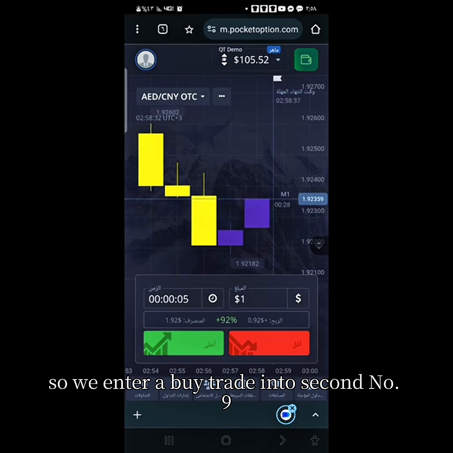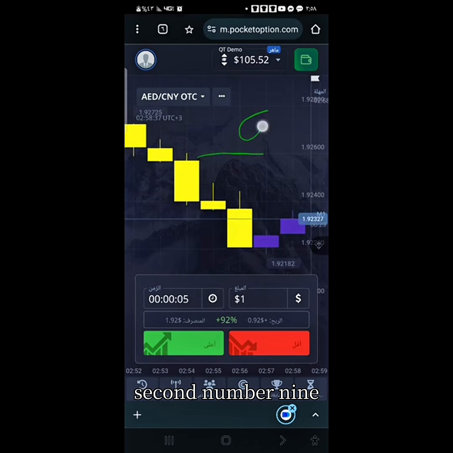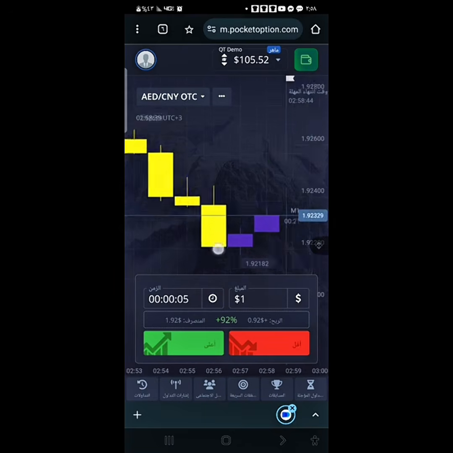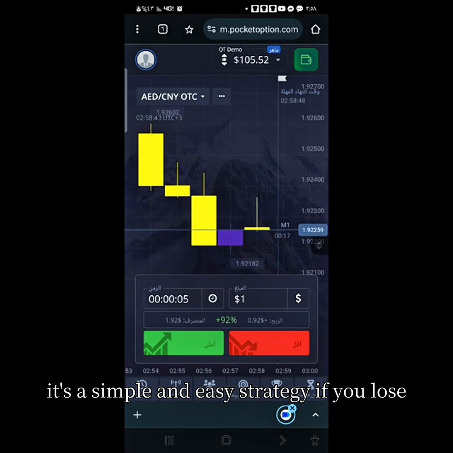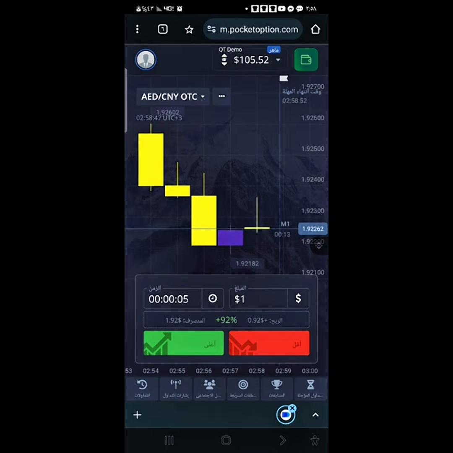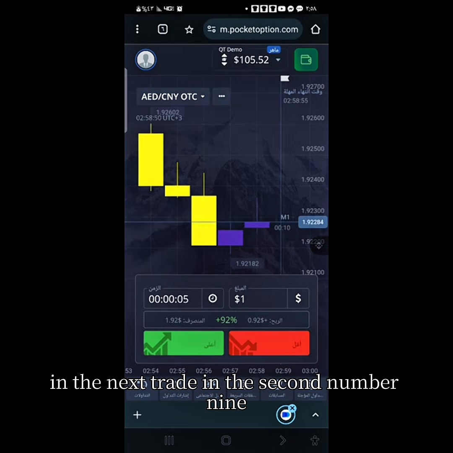So we enter a buy trade into second number 9. It's a simple and easy strategy. If you lose, you compensate in the next trade in the second number 9.